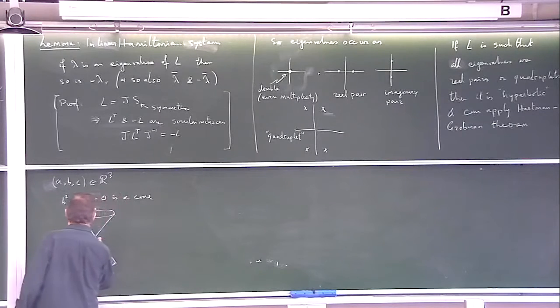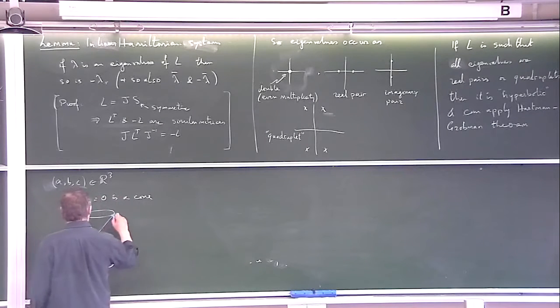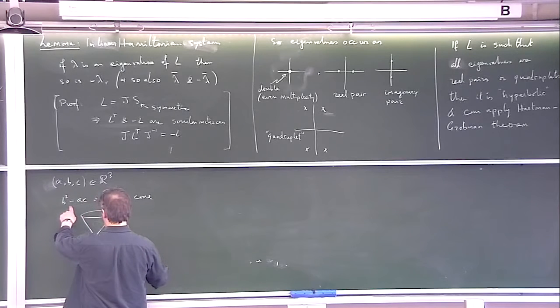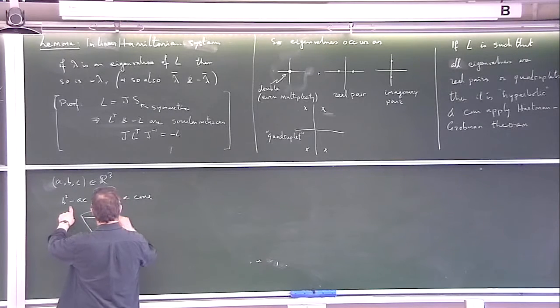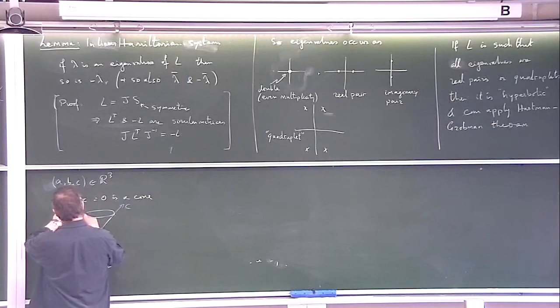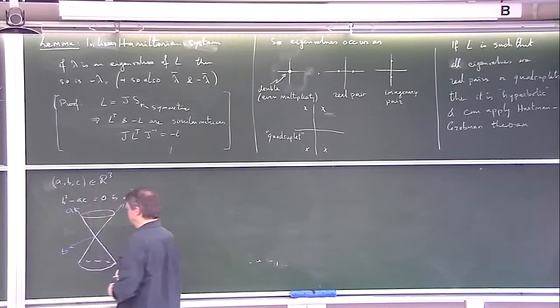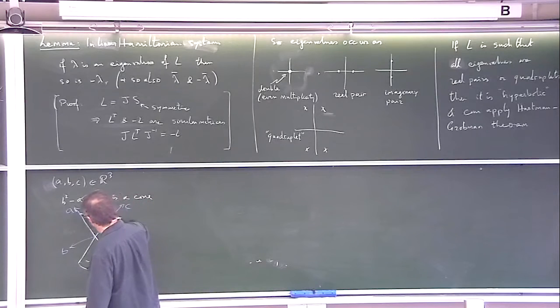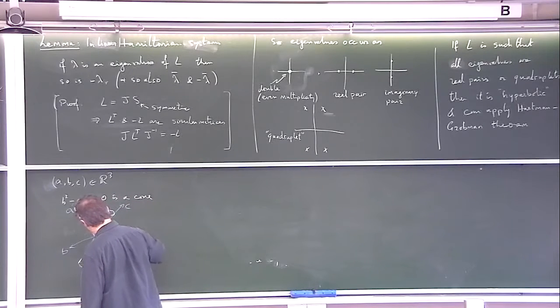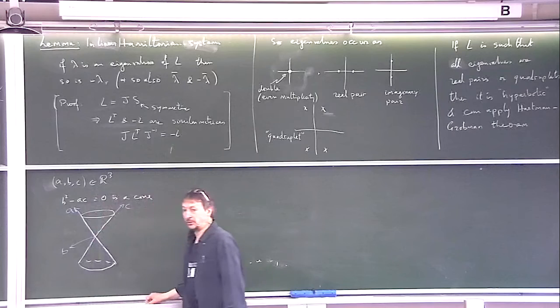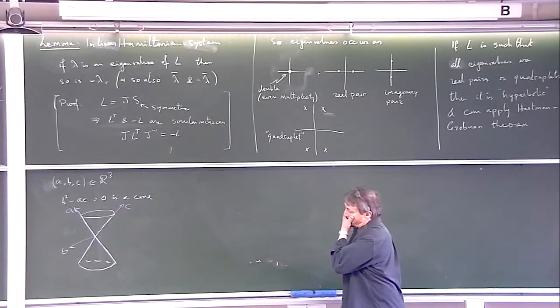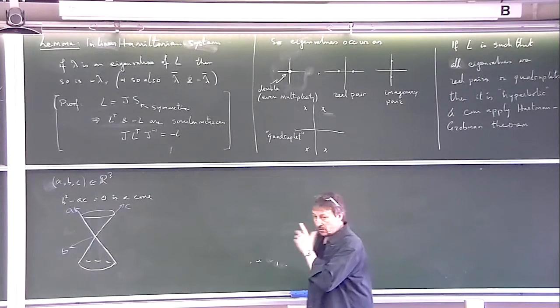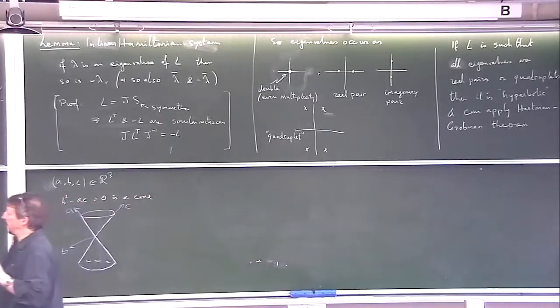B. So those are the three axes. This is a useful picture. So now we imagine we have ABC.